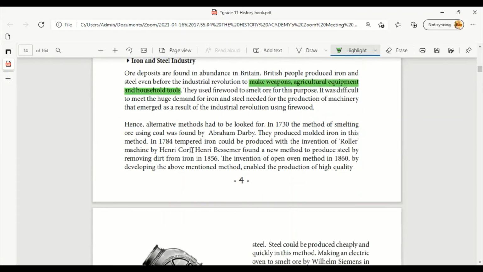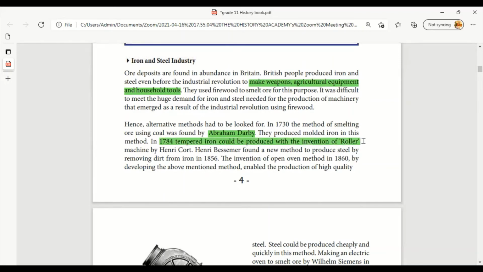So due to that, in order to smelt ore, they used coal, right? The use of coal to smelt ore was found by Abraham Darby in 1730. So Abraham Darby used coal, and then they produced molded iron. In 1784, tempered iron could be produced with the invention of the roller machine by Henry Cort.